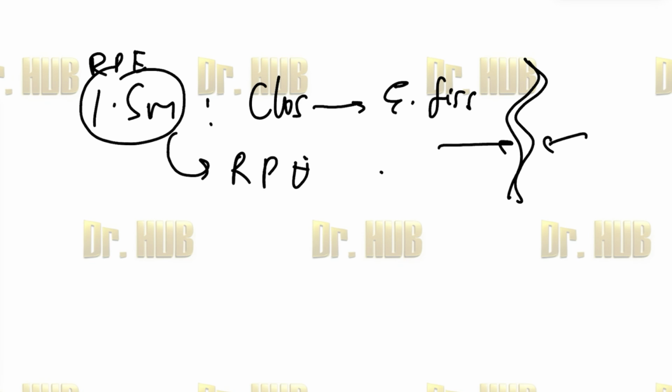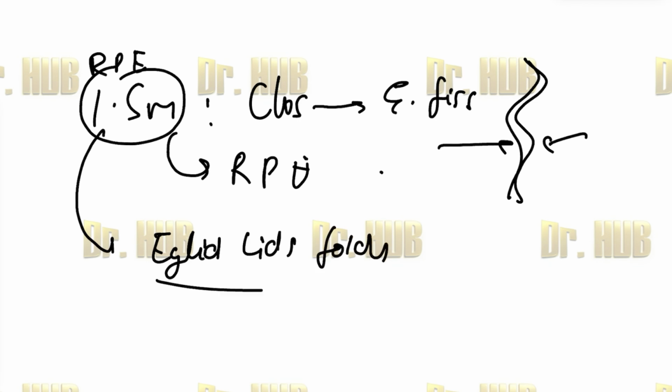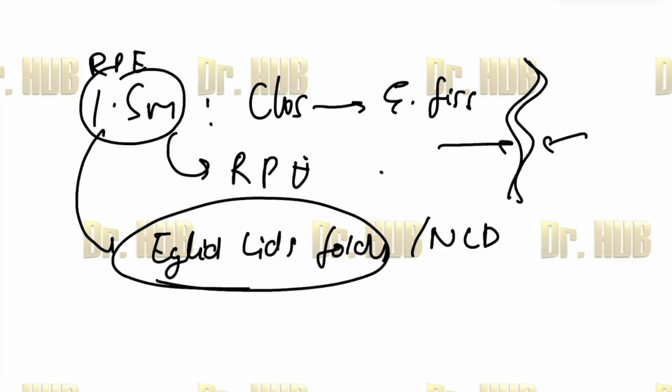Next is the appearance of the eyelid folds, as well as the NLD, which is nothing but the nasolacrimal duct. All this takes place in the 1.5 months.